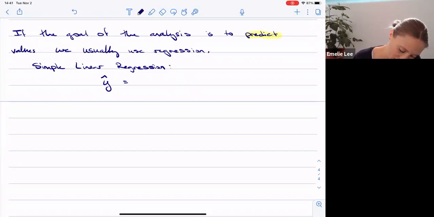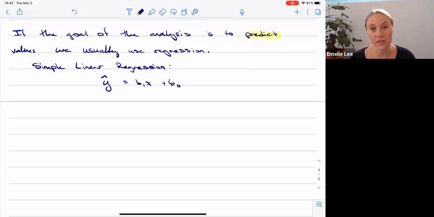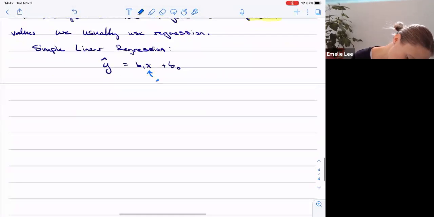We can even use betas. I like to have the x here, so whatever is attached to the x is, of course, the slope. And the x is the explanatory variable.